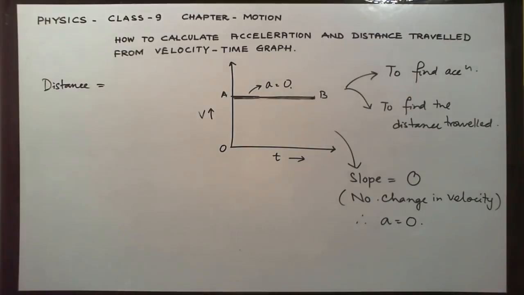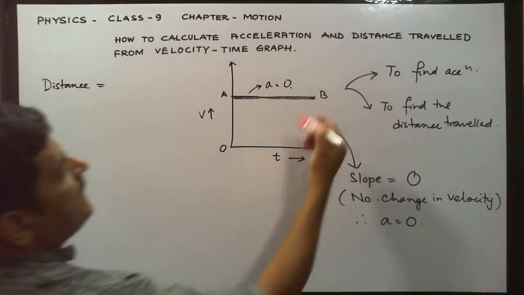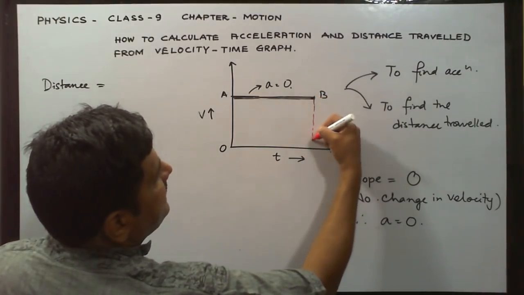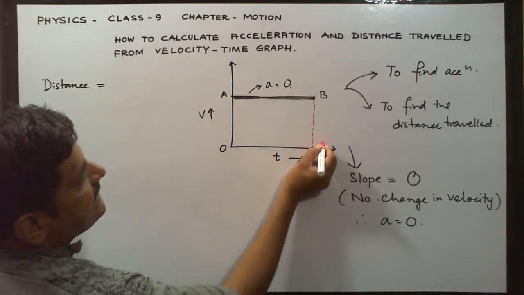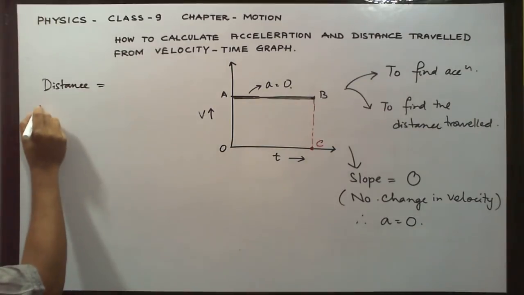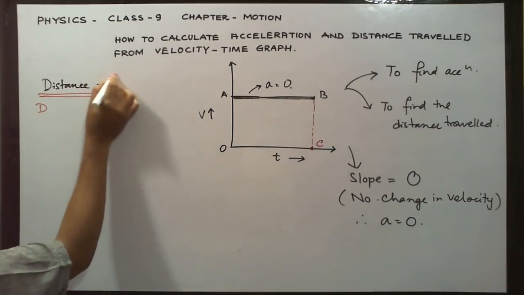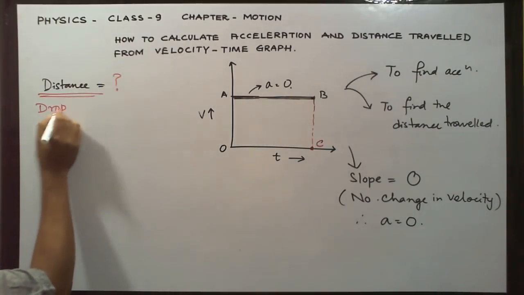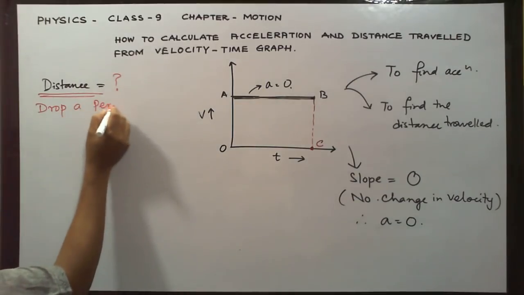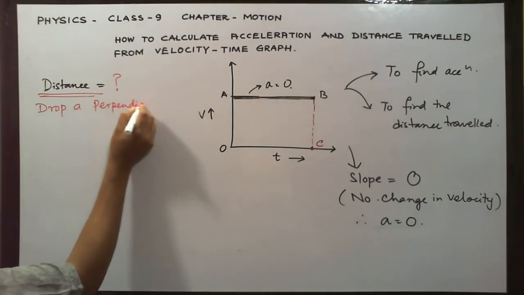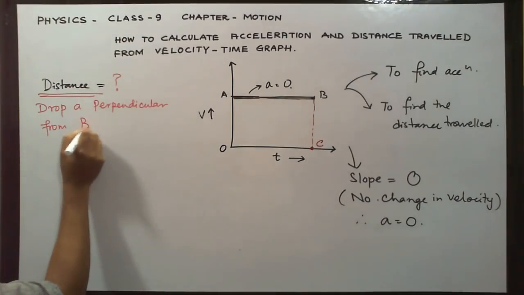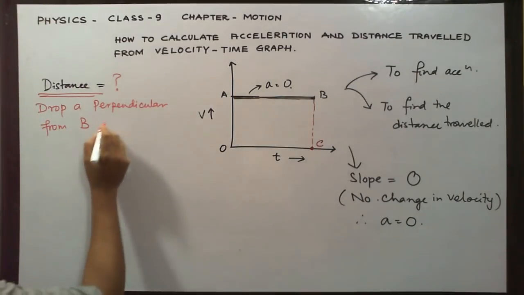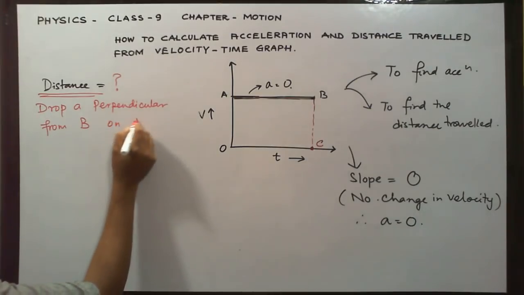From point B we can drop a perpendicular on the time axis like we did in the previous graph. Let us mark this point as C. So the first thing is drop a perpendicular from point B on the time axis.